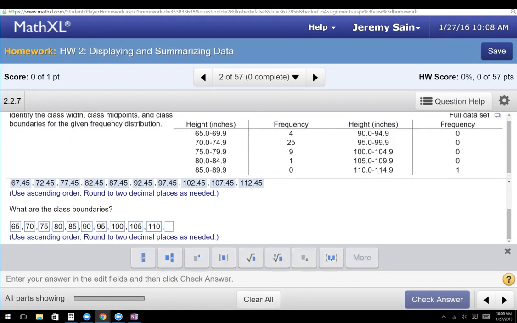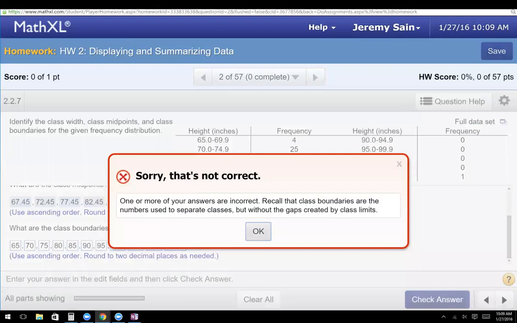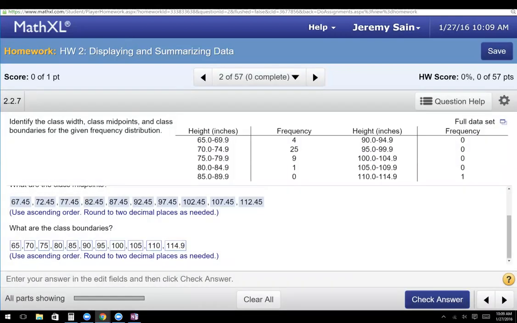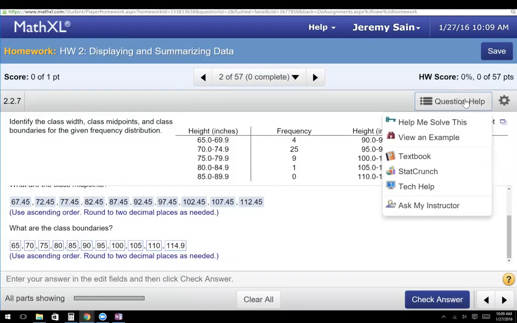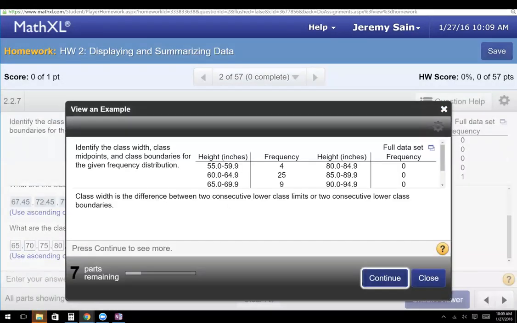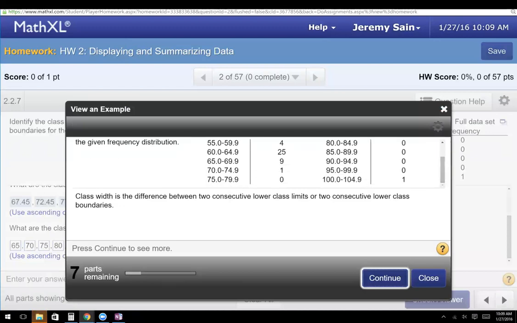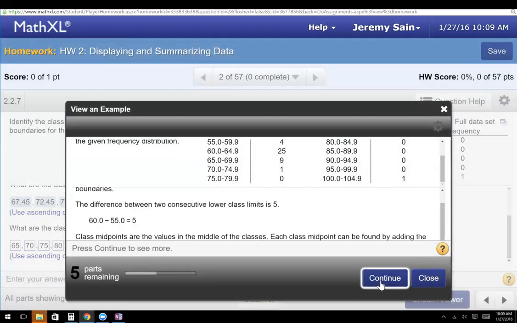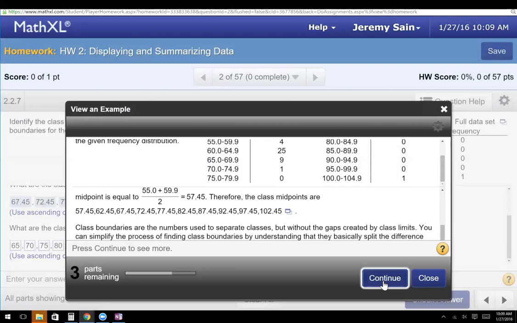Let's see if that's what they're looking for. I'm not sure. I hate when they have that many answers and you have to guess exactly what they're looking for. Okay, we know how to do that. Boundaries are the numbers used to separate classes, but without the gaps.